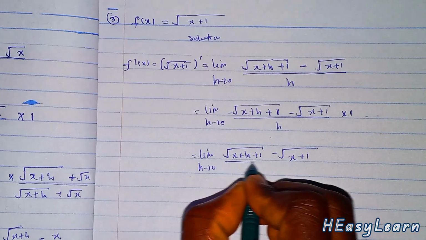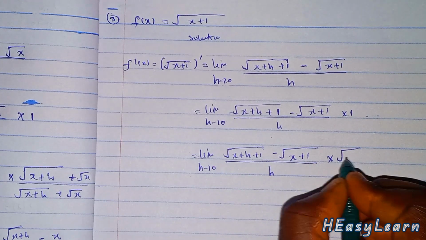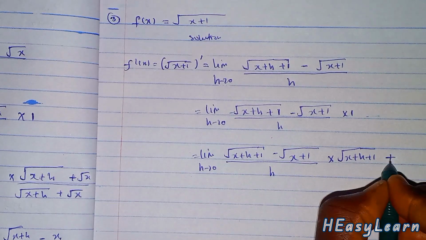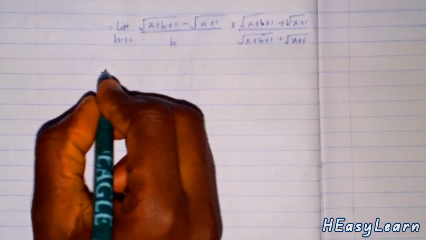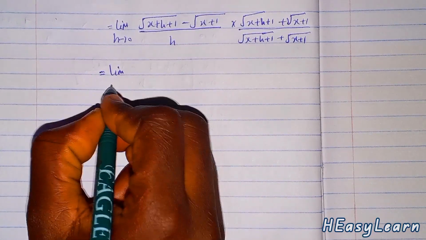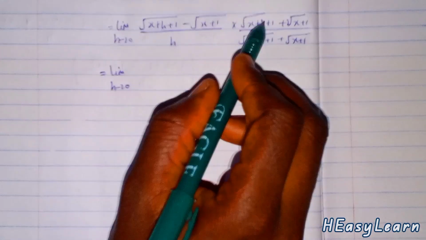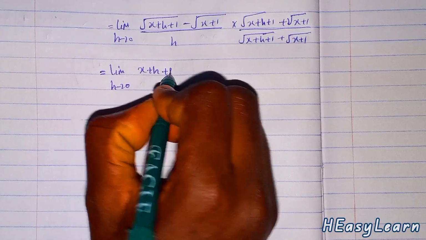Square root of x plus h plus 1 minus square root of x plus 1 over h, multiplied by square root of x plus h plus 1. In this case, it's negative. The rationalization will be plus square root of x plus 1 over the same. So multiply the numerator and the denominator. Square root multiplied by square root is just going to be what is under the square root.